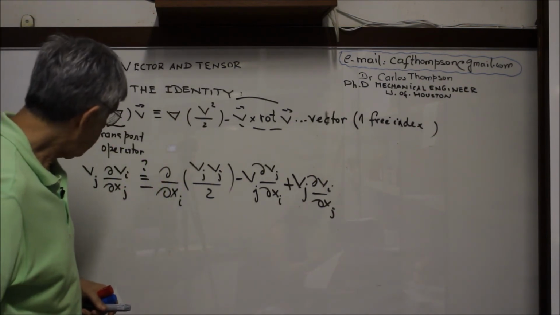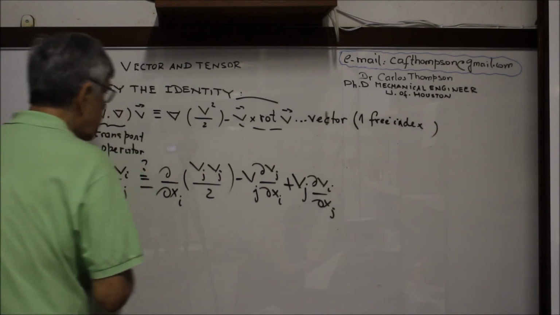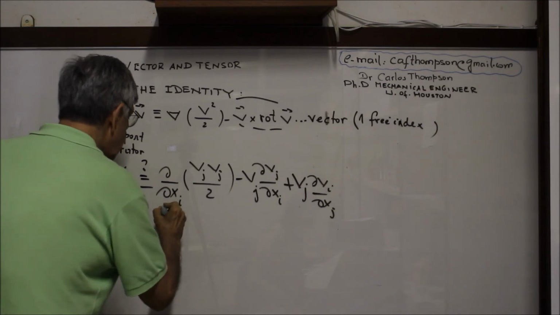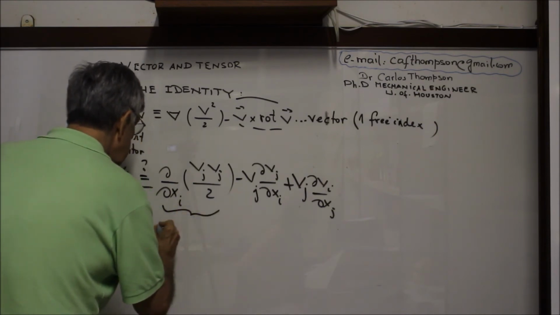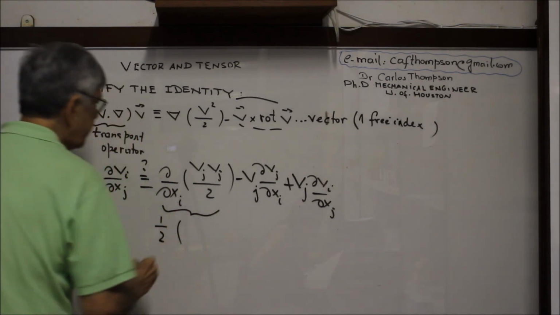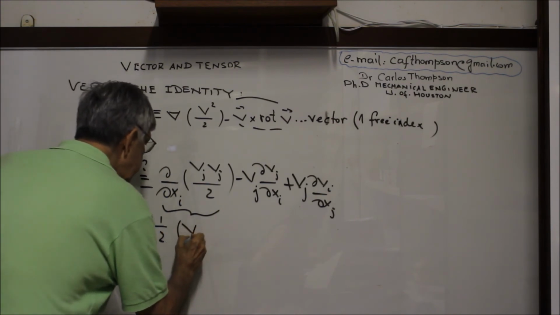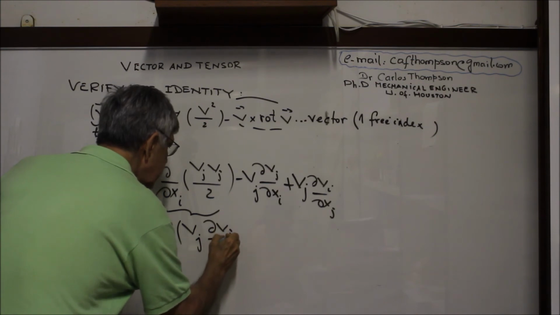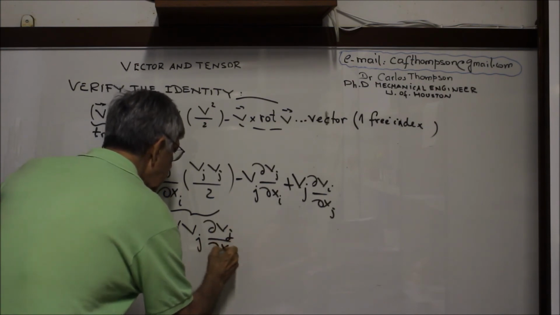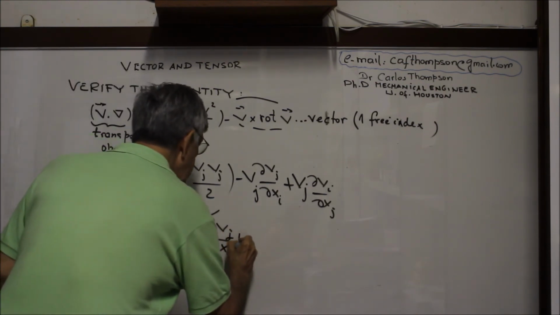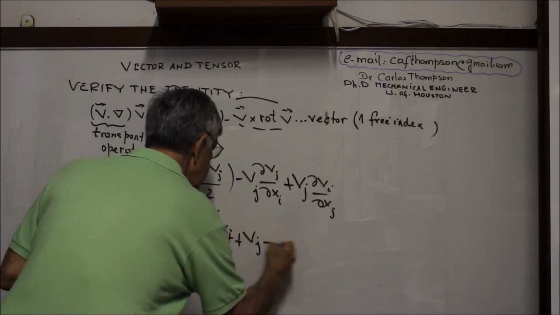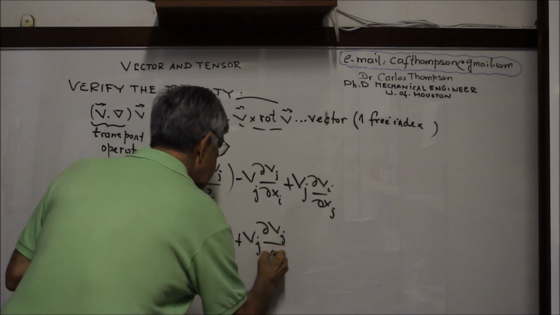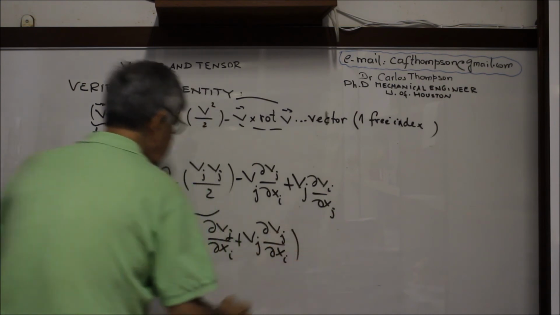Now, this term over here is a partial derivative of a product, so this will be 1/2 of Vj partial of Vj with respect to xi plus Vj partial of Vj with respect to xi.